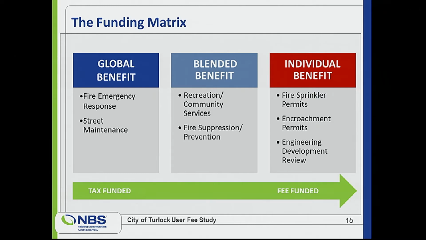On the other spectrum is the individual fire sprinkler permits for specific buildings, new businesses, encroachment permits, which is on the fee schedule you see before you, engineering development reviews. Those are benefiting a specific individual or a specific entity, a business of some type, and that cost should be recovered and covered by that individual who is receiving that benefit.